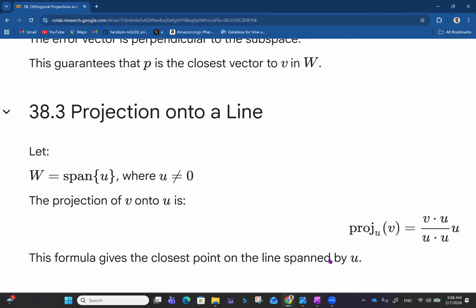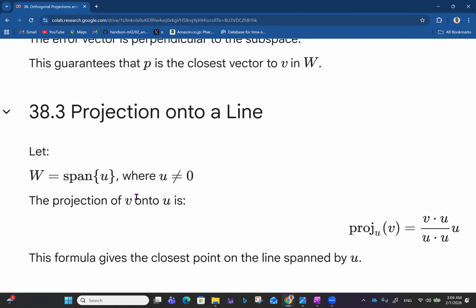So we go on to talk about projection onto a line, which we have been used to already. We did that a lot, talking about the Gram-Schmidt process, or if you like, Gram-Schmidt orthogonalization. So projection onto a line. Let W span U, where U is a non-zero vector, U is not equal to zero.